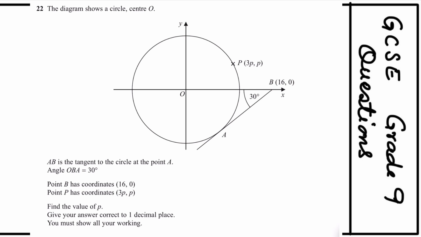The next question is about the equation of a circle and the tangent. OA is the radius of the circle and the line passing through A is a tangent of the circle. The angle between the tangent and the radius is always 90 degrees.